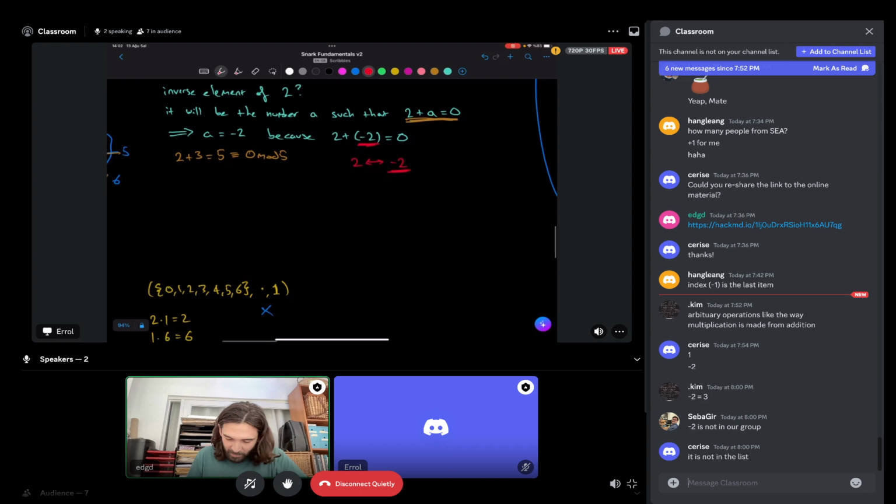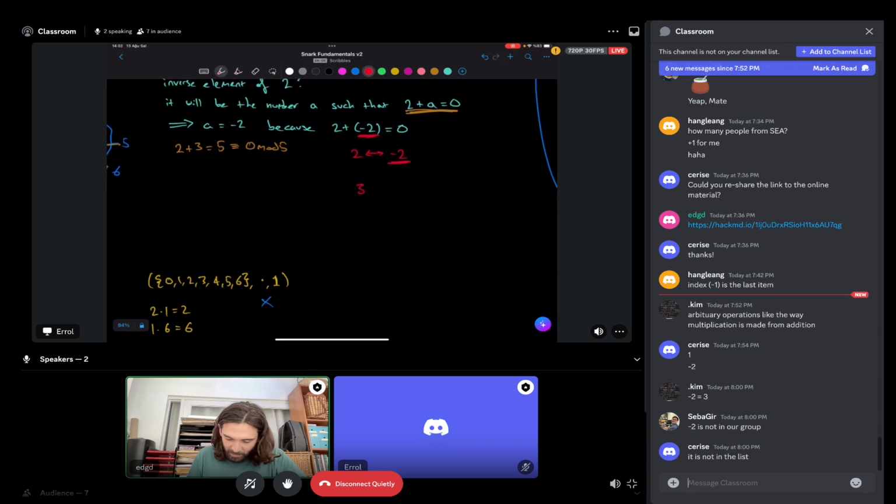And under multiplication, let's do 3. Under multiplication, we can do divide by 3, or 1/3, or 3 to the power -1. They all mean the exact same thing. But just note that this number, 1/3 or 3 to the -1, doesn't exist in our set in the same way -2 doesn't exist in our set, but we can still denote the number that has that property with this notation.